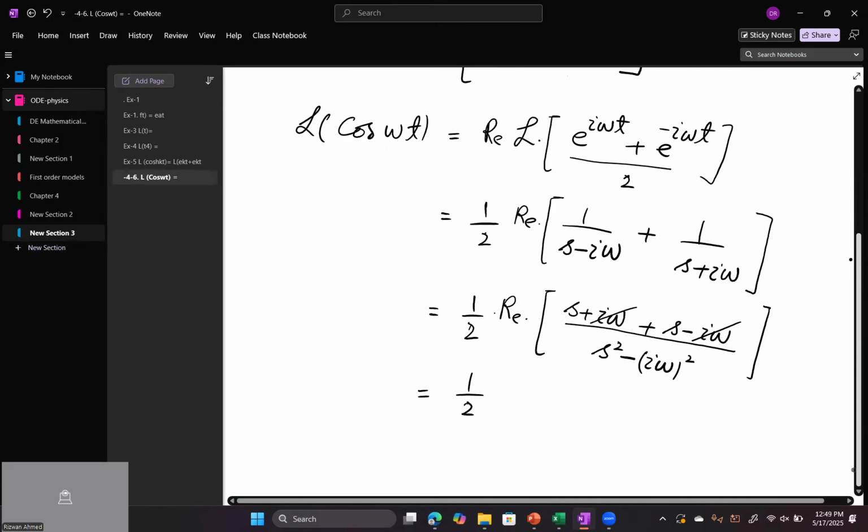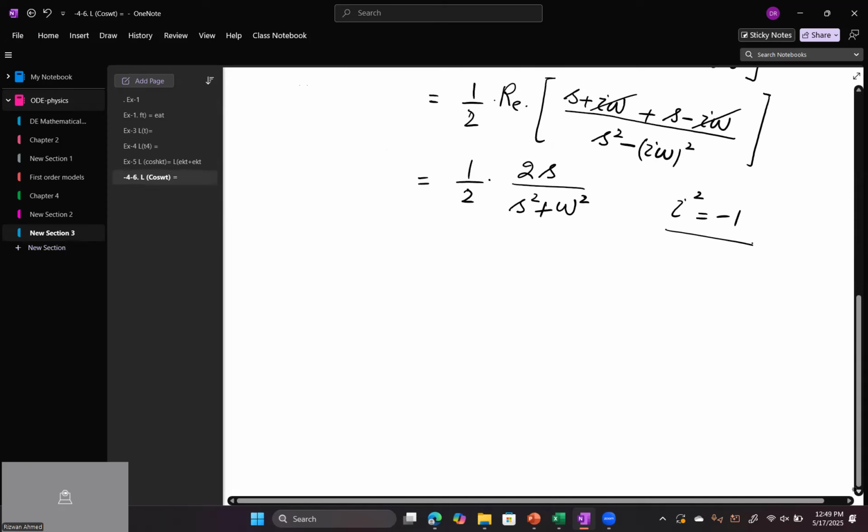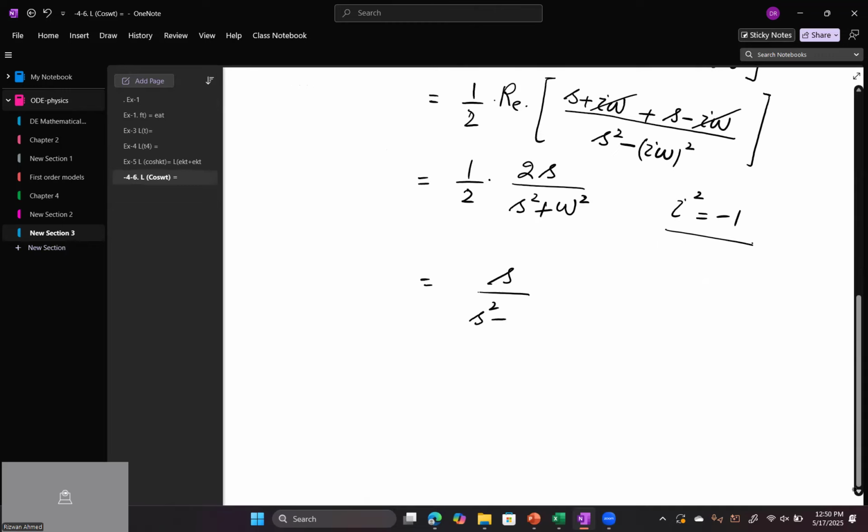So it is 1 by 2 times 2s over s squared plus omega squared, as iota squared is equal to minus 1. So then it becomes s over s squared plus omega squared.